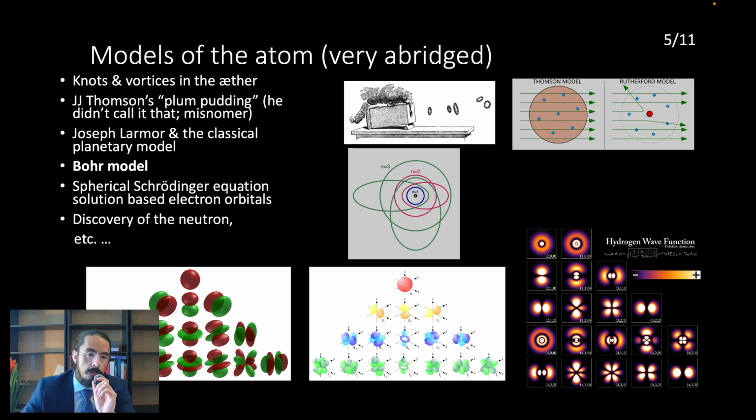So after Maxwell had cemented his 4 equations governing electricity and magnetism, there was still a lot of debate on what the nature of electricity even was, what the nature of magnetism is, and alongside that, what the exact nature of the atom is.